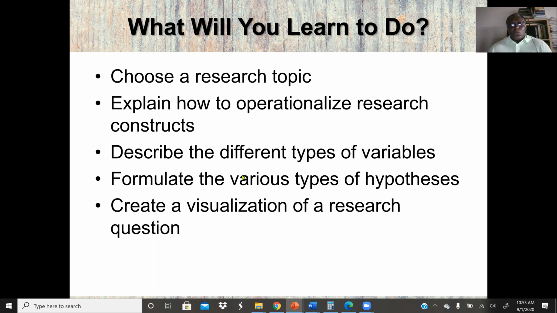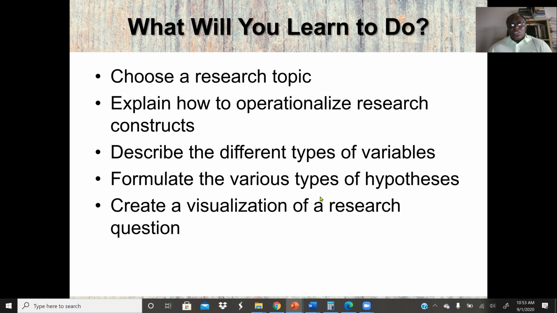In statistics, we discuss at least two types of variables, the independent variable and the dependent variable. In these lectures, we're also going to discuss a variable called the confounding variable, which we sometimes also call a lurking variable.